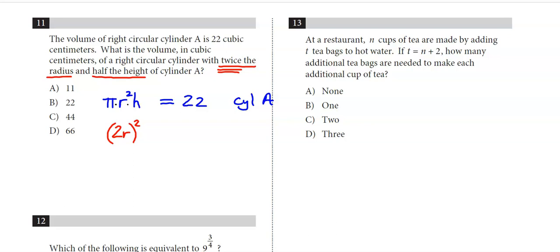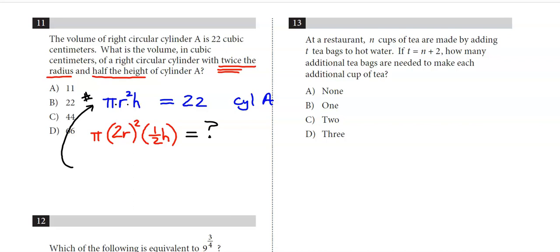And then half the height, so instead of h, you're going to have 1/2 of h. Pi is still going to be pi. And then the question is, hey, what does that come out to be? What's the answer? With these types of problems, try to get some number in the front so you can see how much bigger or how much smaller it got.